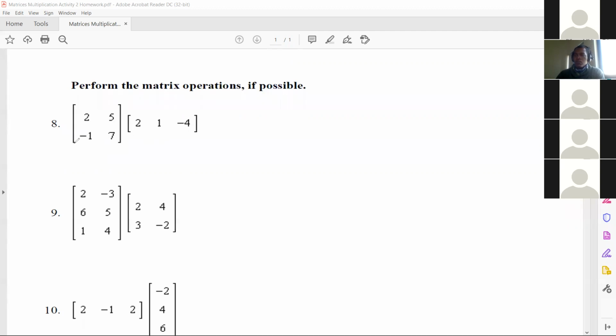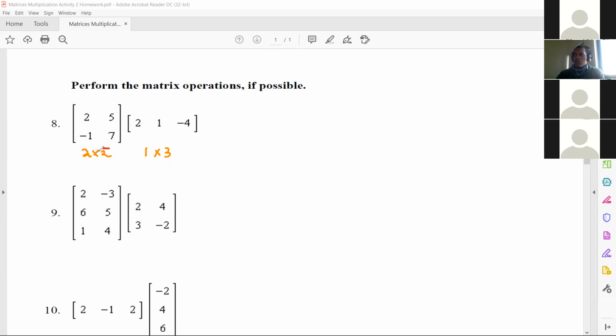So in this case, we first check the dimensions of the matrices. This is a 2 by 2, and this is 1 by 3. This is a 2 by 2 matrix because it has 2 rows and 2 columns. We are multiplying it by a 1 by 3, 1 row and 3 columns.